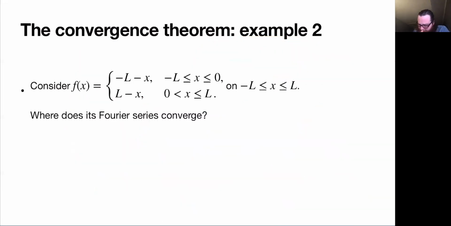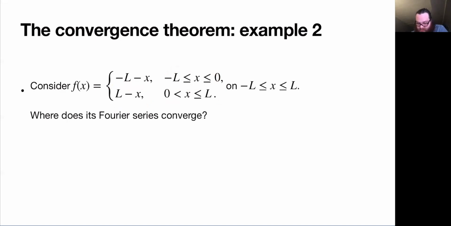Okay, so let's take a look at another example. Here we're given the function f of x, which is equal to minus L minus x on the interval negative L to 0, and it's equal to the function L minus x on the interval 0 to L. Okay.